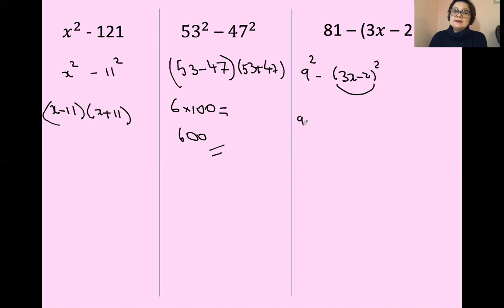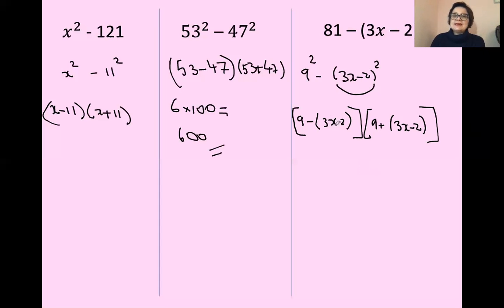So we're going to have 9 minus, again now, before we get this out of the bracket, we're going to need the help of the square bracket. Okay, 3x minus 2, close the round bracket and the square bracket, and then multiplies 9 plus, open the round bracket, 3x minus 2, close the round bracket, just like that.